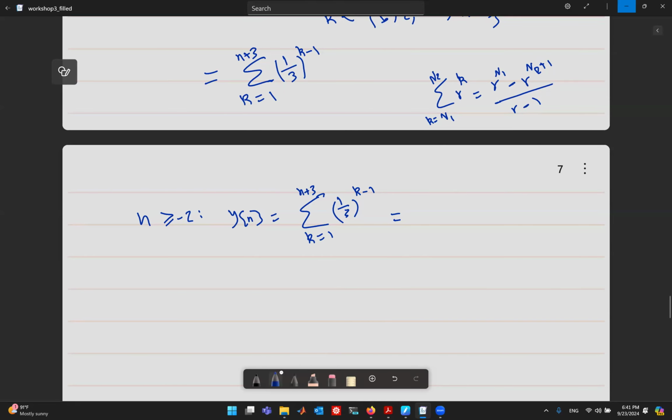I think you will be given those formulas in the cheat sheet for the exam. But yeah, this is the general formula for the geometric series. But here we have k minus 1, so we need to make it k. So the summation will be k equals 1 to n plus 3.